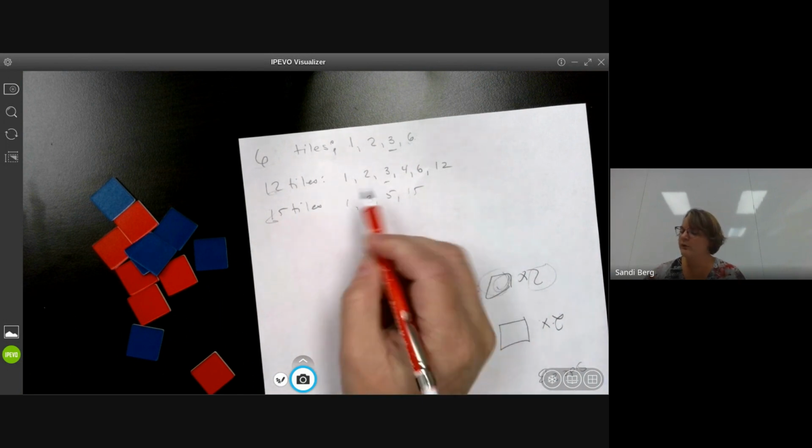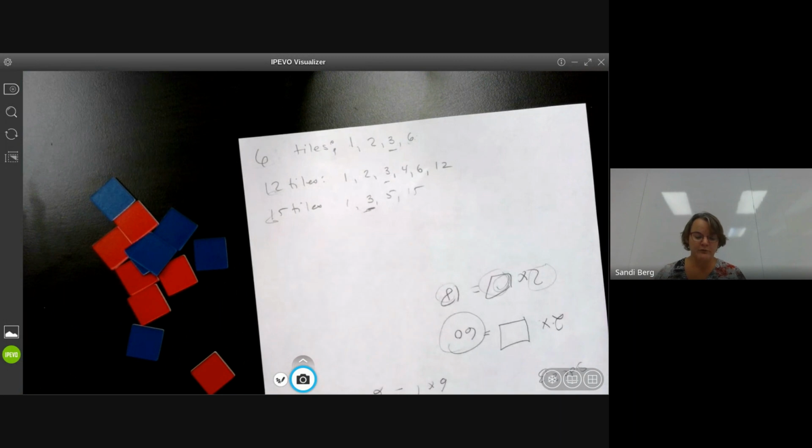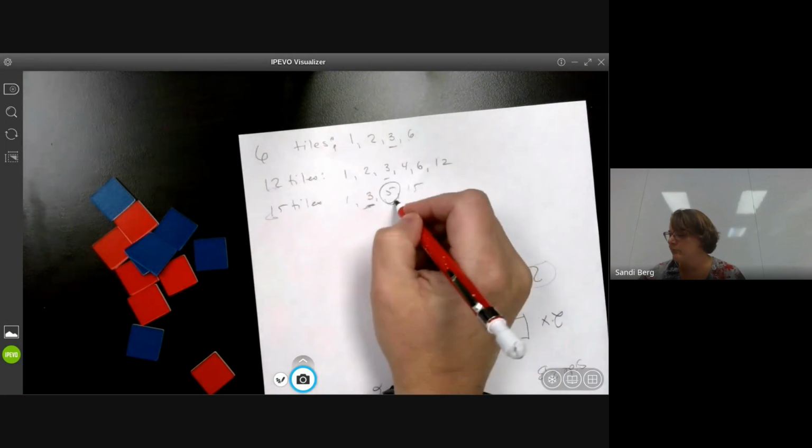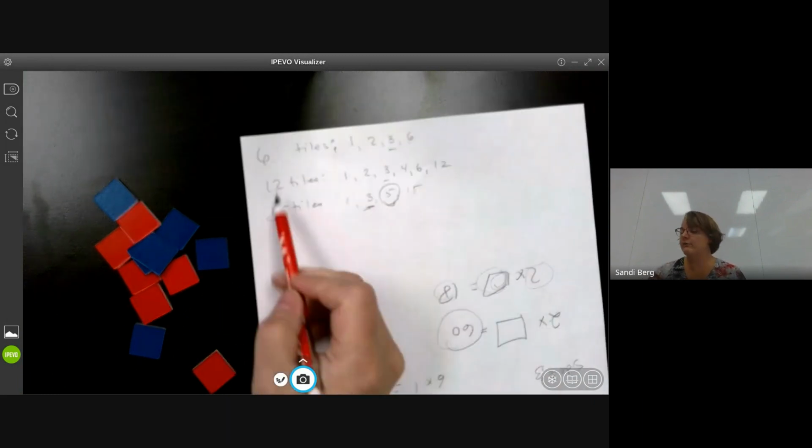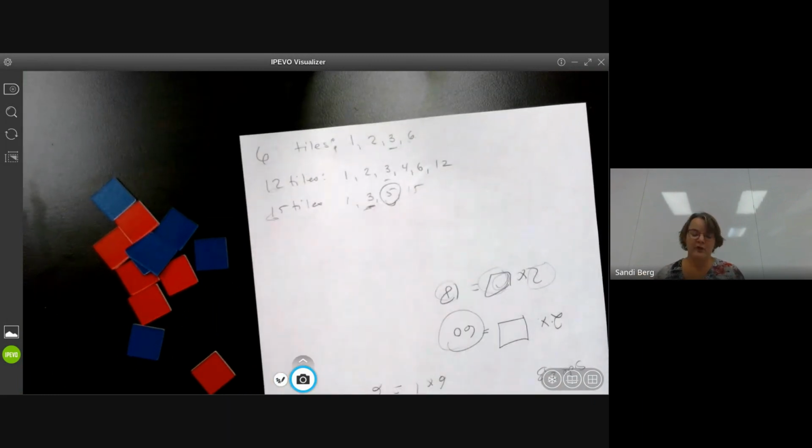So you can build each of those with dimensions of 3, with a factor of 3. Why does only one have a factor of 5? Well, that's because only one of these can be built with a dimension of 5, and when the other one's a natural number.